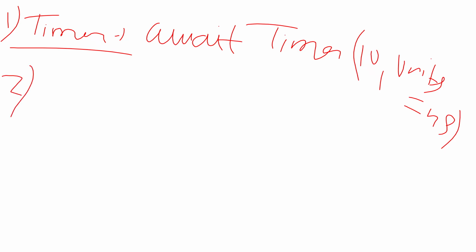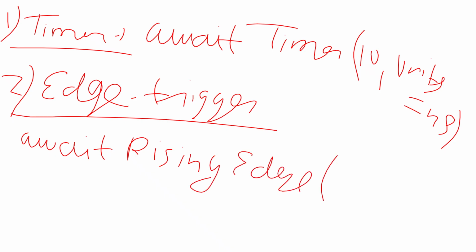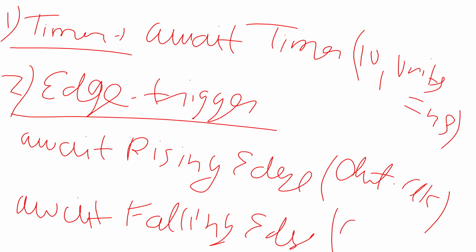The second one is the edge trigger, like await RisingEdge(dut.clock), same as await FallingEdge(dut.clock). It pauses the coroutine until this signal event.